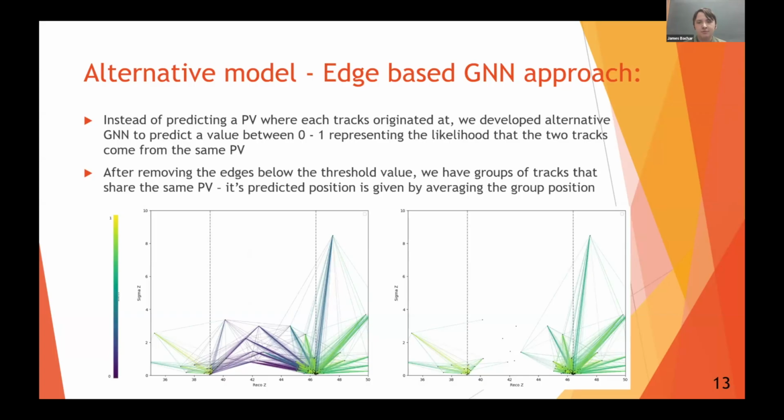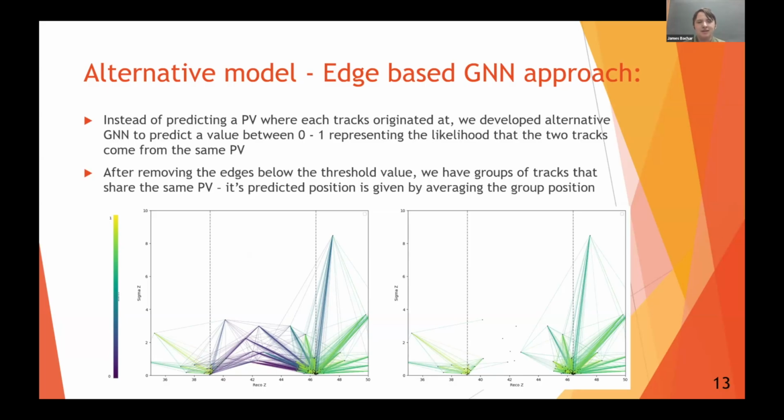The last thing I looked at was an alternative way to use GNN for PV finding, which is utilizing edge prediction. As I mentioned previously, the models have node and edge-based values, and previously we were just using the edges to help us better predict the PV position per track, which are our nodes.